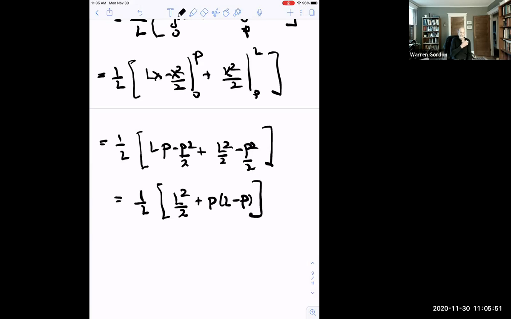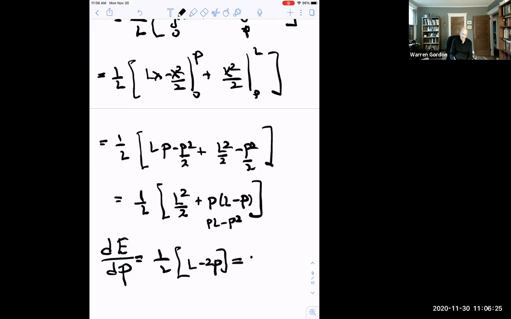Now, a problem one might ask in calculus is where should P be? Where should the knot be located if you want to maximize your expected value? By the way, notice I can write this piece here as PL minus P squared. So if I want to maximize the expected value with respect to P, using calculus, take the derivative with respect to P, I get L minus 2P.